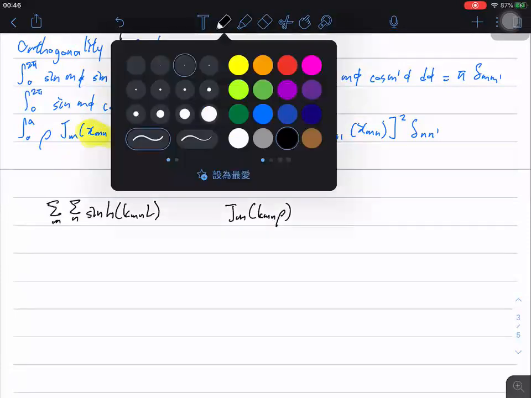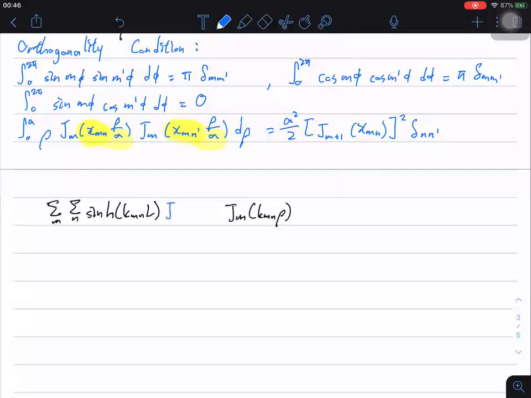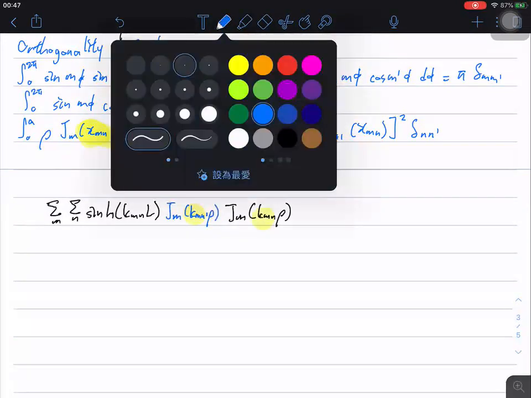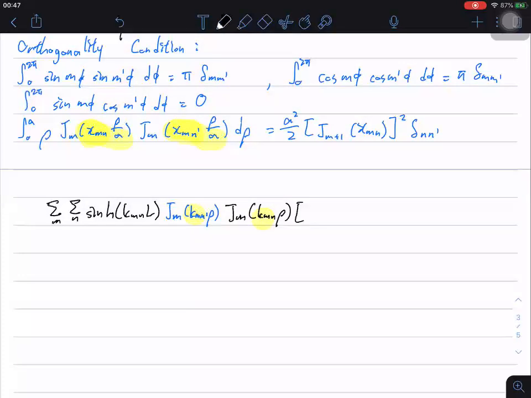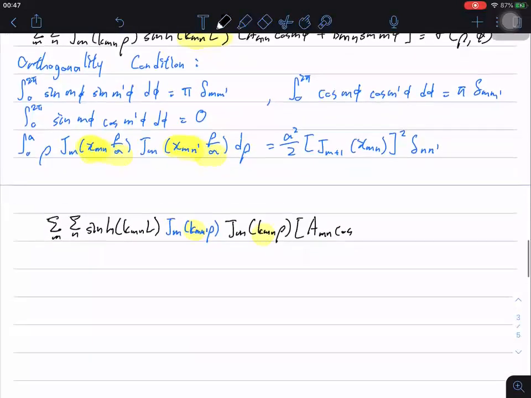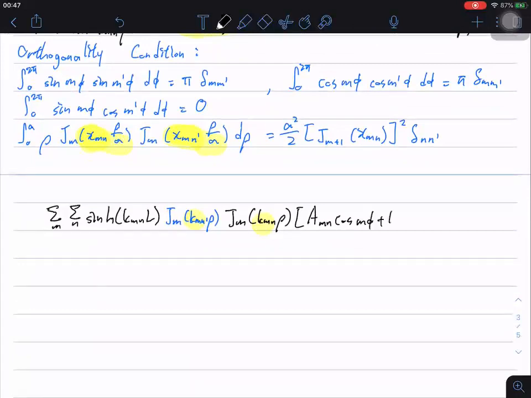First of all, we multiply it with another Bessel function, this time with different k, m, n prime. And for the others, they remain the same: a_mn cosine m phi plus b_mn sine m phi.